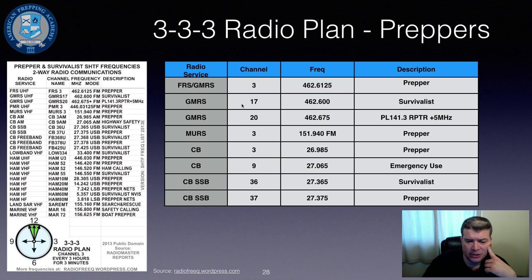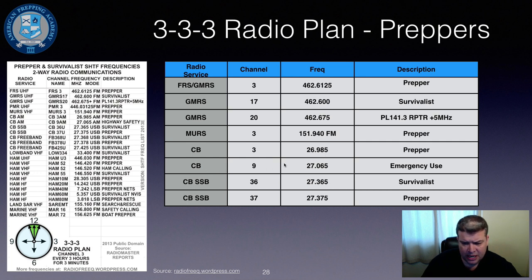Then on the GMRS only, you've got channel 17, which is 462.6. You've also got GMRS channel 20, which is 462.675. And then on MURS, channel 3, which is 151.940. And CB channel 3, which is 26.985.